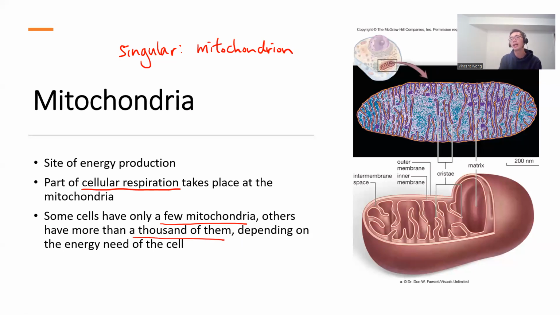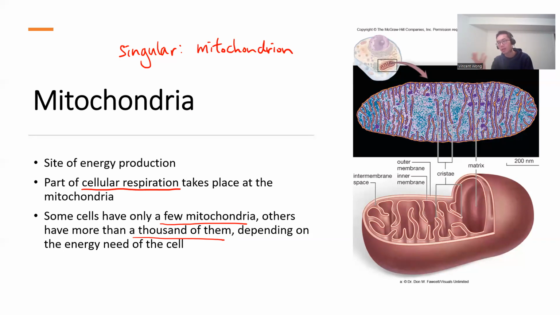Can you give me an example of a cell type that needs a lot of energy? Muscles? Exactly. You move your muscle around a lot. You walk around, run around. Your heart muscle beats 24/7 as long as you're alive. So all these cells, you would expect them to have more mitochondria.